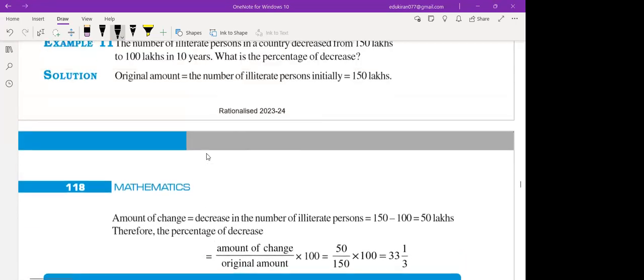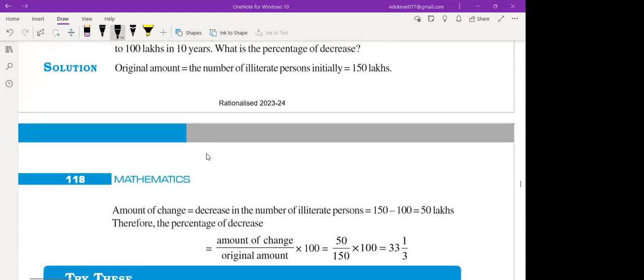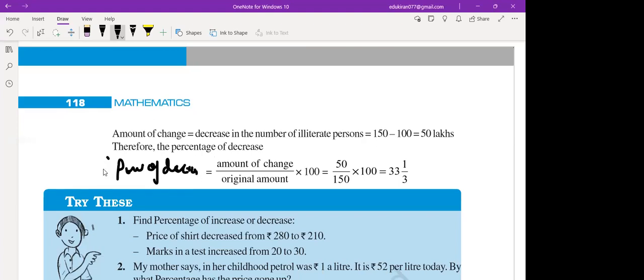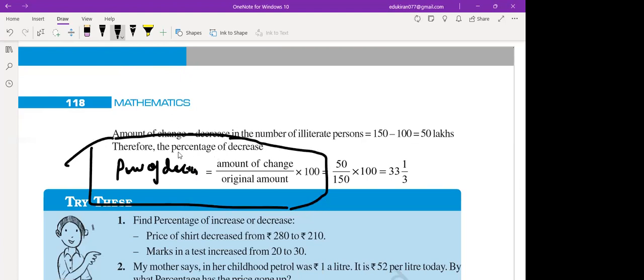Then you will write percentage of decrease. This is the formula of percentage of decrease: amount of change divided by original amount, multiplied by 100.